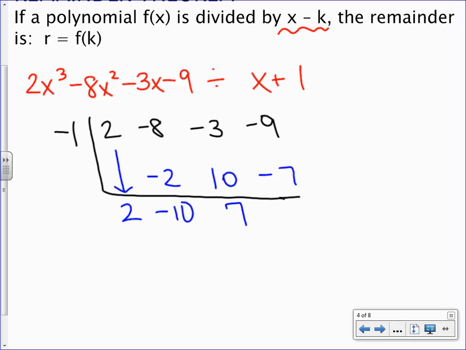And so then what goes here? -16, right? I always like to make a little bar right here to separate my quotient from the remainder. So our remainder is -16, right?